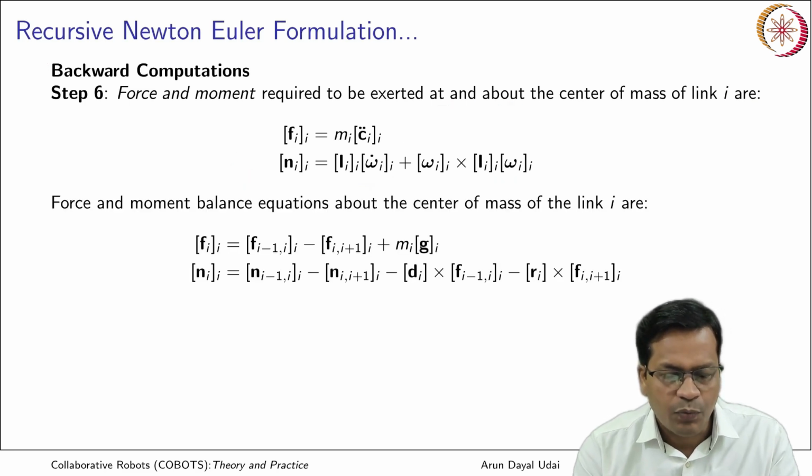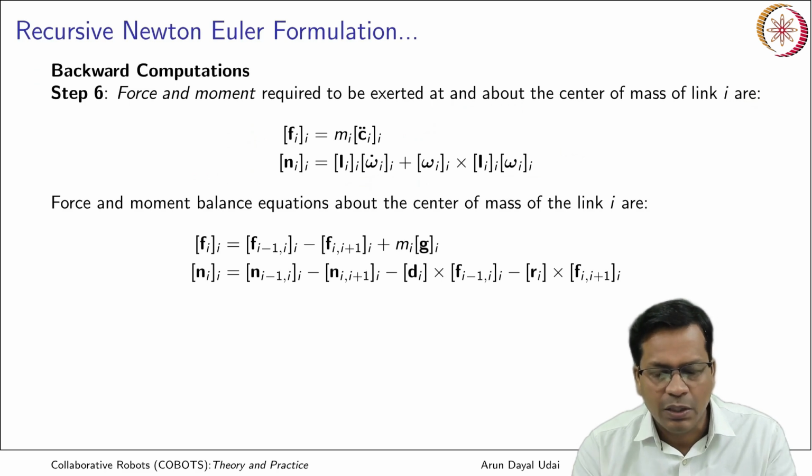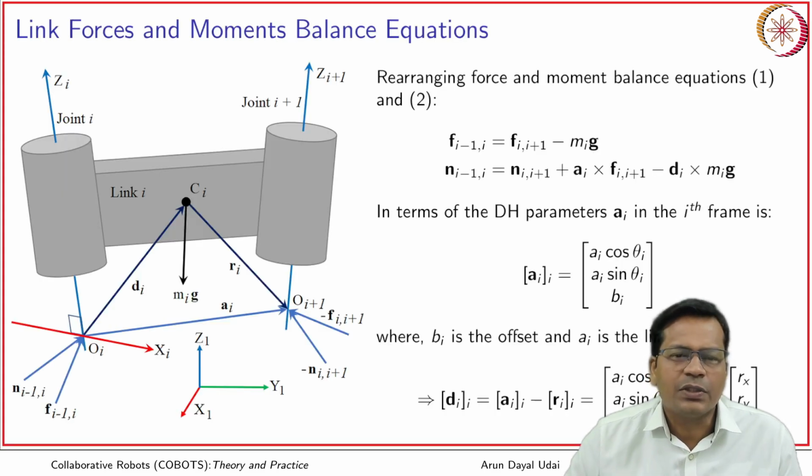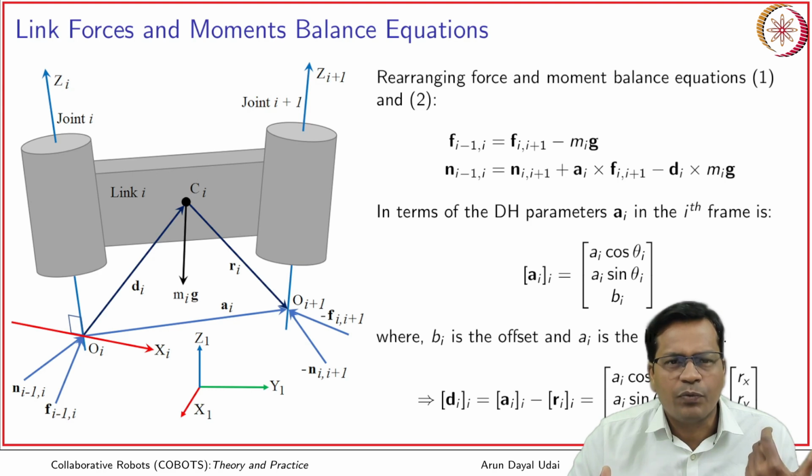Again the force and moment balance equation about center of mass of the link i are this, you remember this from statics also. In case of statics, it was a balanced system, not moving, so the forces acting on the link from both directions and due to its own weight were all balanced.